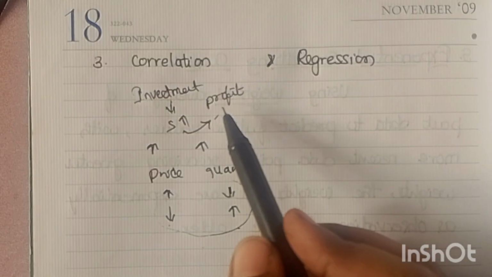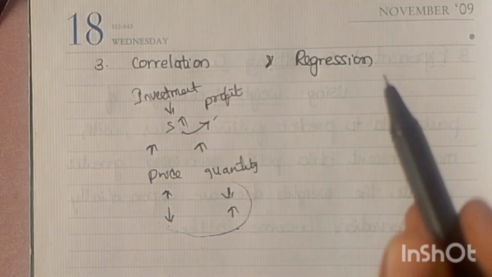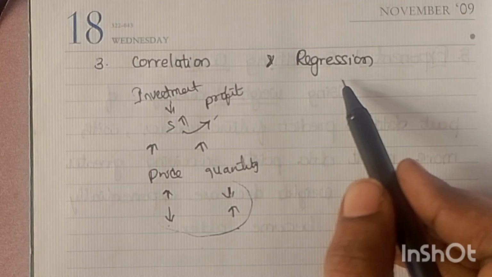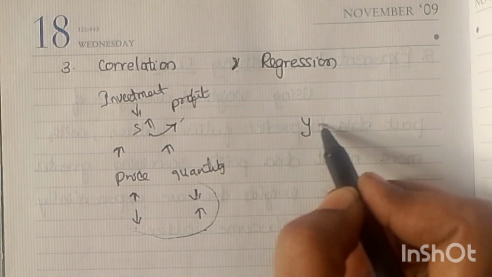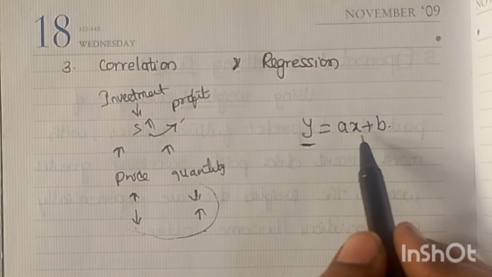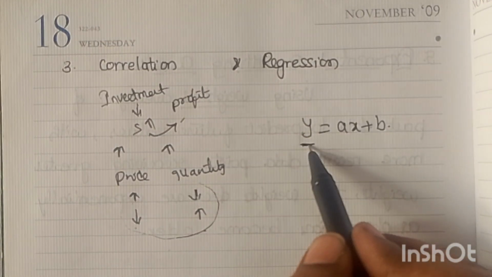Okay, and coming to regression, it shows the functional relationship between two variables, y equals ax plus b. Here y is a dependent variable and x is an independent variable.